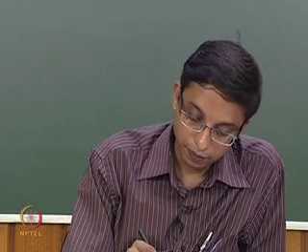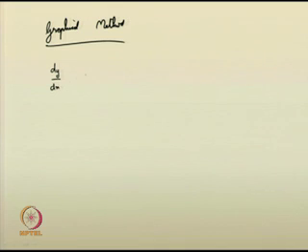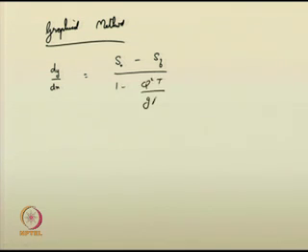But as we have mentioned earlier, there is a graphical method also. Of course, we are not going to do the graphical method, but this can also be used to solve the gradually varied flow. The fundamental equation is dy by dx equal to S0 minus SF by 1 minus Q squared T by g A cubed.